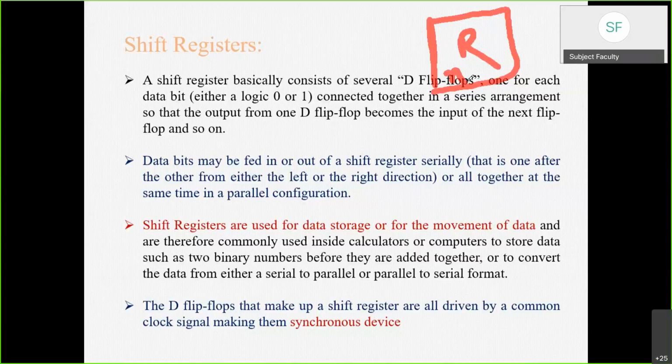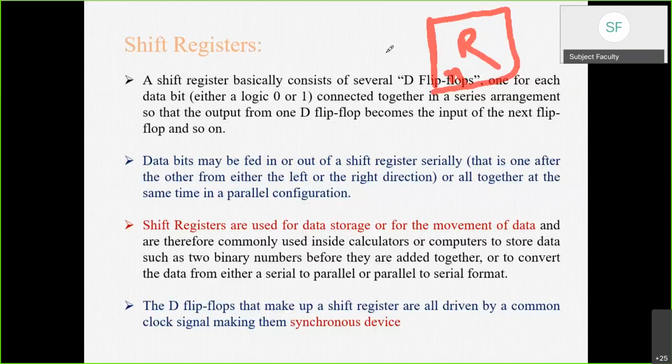Okay. So now, how many configurations are possible here will depend on whether you are feeding your input in serial or parallel combination. Similarly, whether you are retrieving or taking out your output in serial or parallel configuration. So again, you have two options.